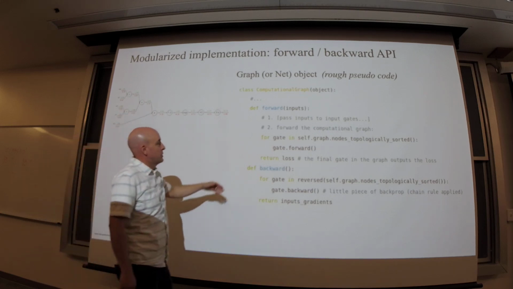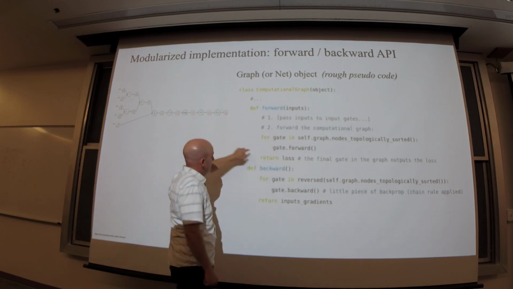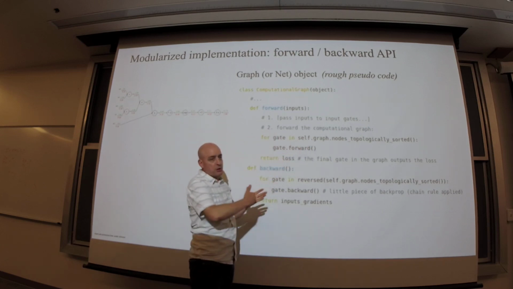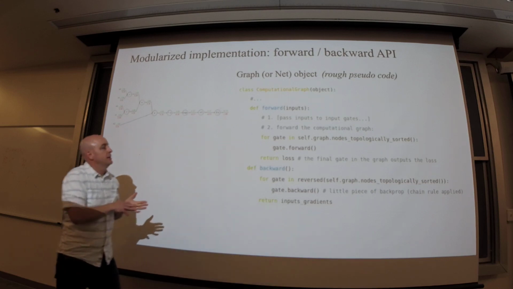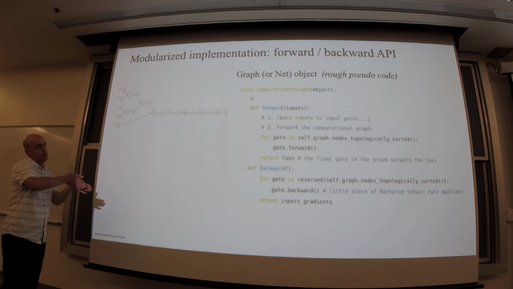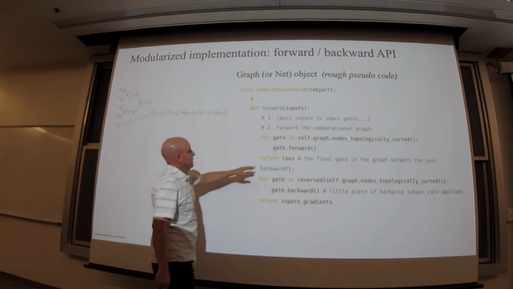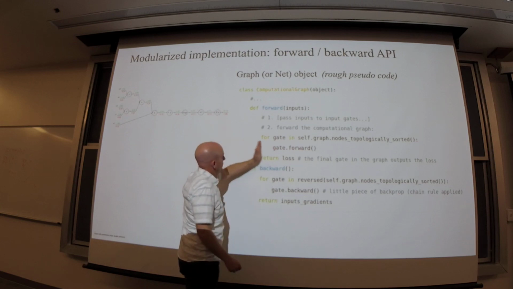So you can think of it in a pseudocode sort of way: for each of these gates or operations, there's some way of computing the forward pass, the output of that node. And we work our way all the way through.